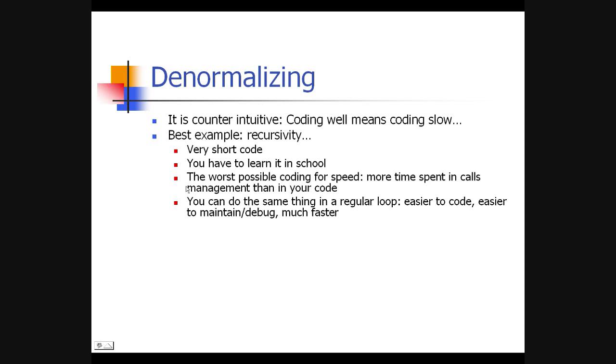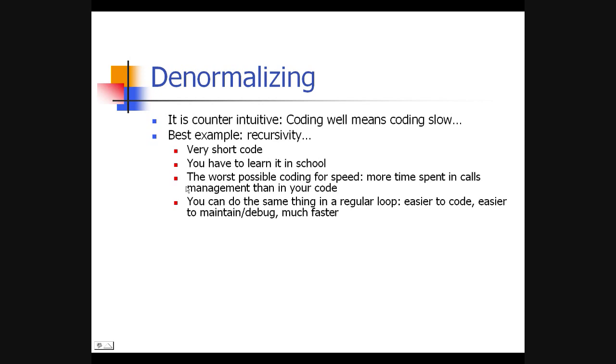And remember, each time you code something using recursivity, you can code the same thing in a regular loop. It's generally way easier to code because it's way easier to understand. It's also easier to maintain and debug, and it is much faster. So yes, it's wonderful to be able to code a whole process in 3 lines.